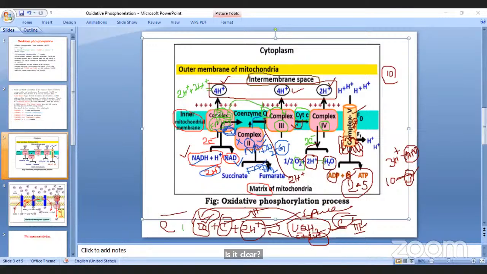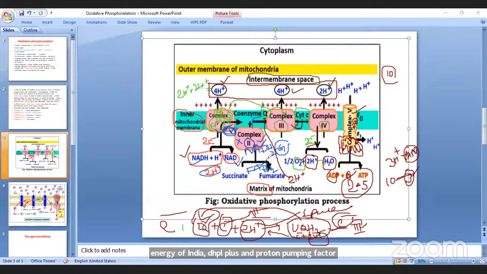When compared with complex 1, in complex 1, when the electron goes towards FMN, FeS, it is placed into the quinol cycle. Before reaching the quinol cycle, 4 protons are pumped towards the intermembrane space. To pump the protons, high energy of NADH plus H plus and the proton pumping factor are involved.